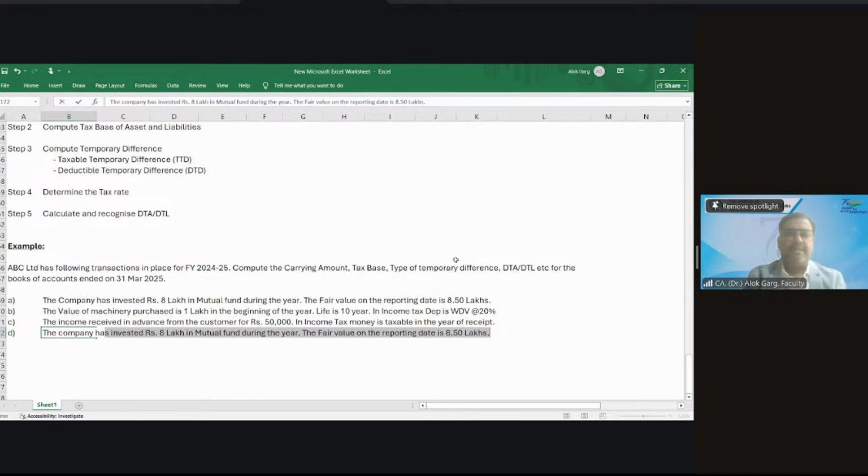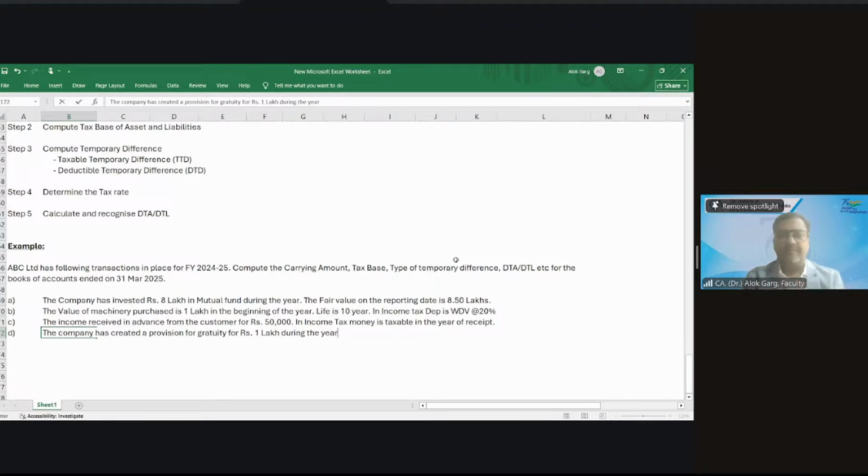D. The company has created a provision for gratuity for rupees 1 lakh during the year.